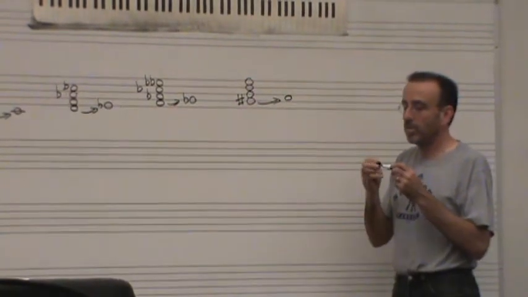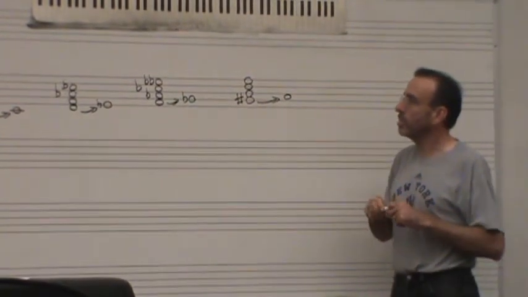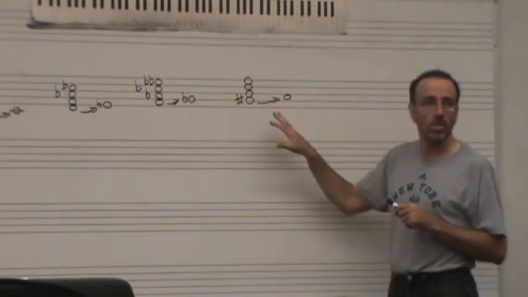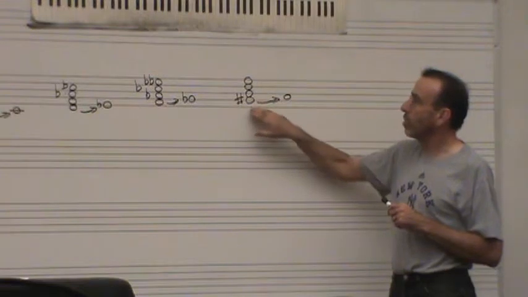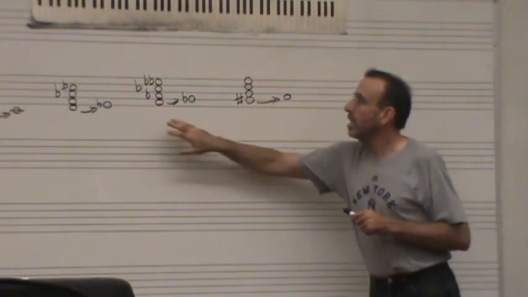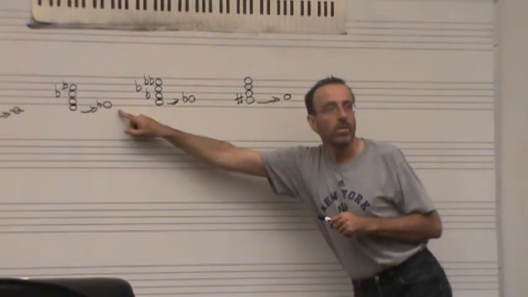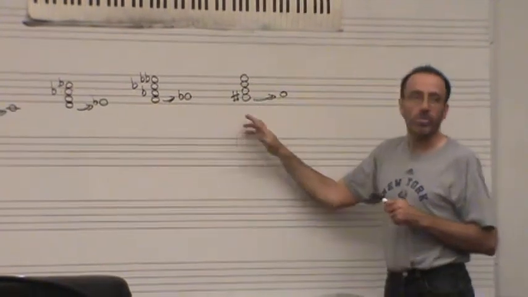And that's one of the big things about classical or traditional harmony you'll find, is how it's spelled is really important. So in other words, this chord with the G sharp in it would never be used in the key of E flat as a leading tone to E flat, because it's not spelled to resolve that way.